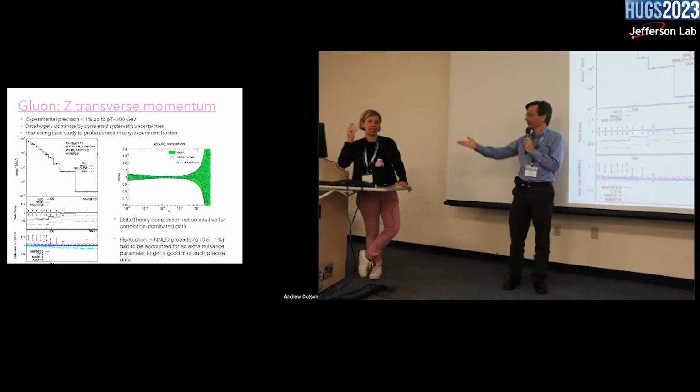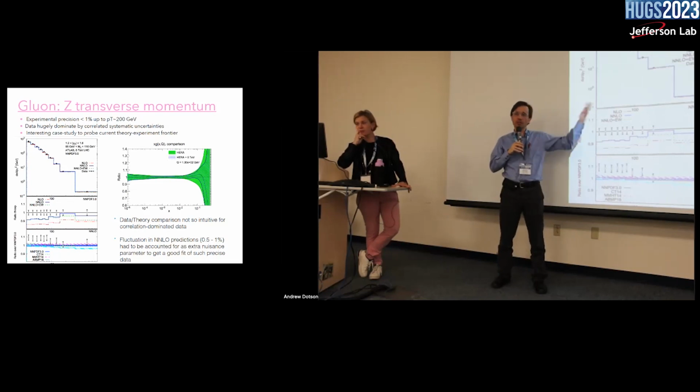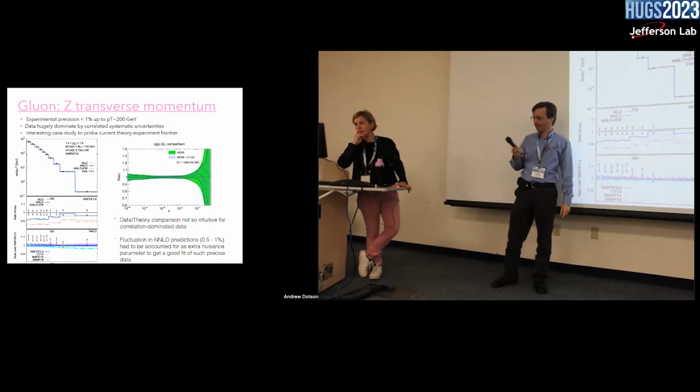But you are blowing up uncertainty. You might miss new physics because everything is inside the uncertainty. So you are just fogging your lenses, and so it's important to also look into those kind of things.